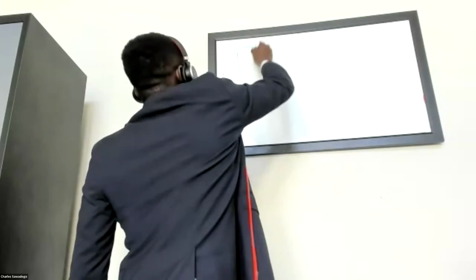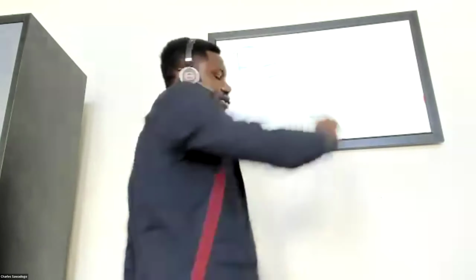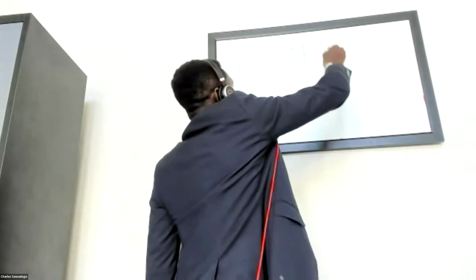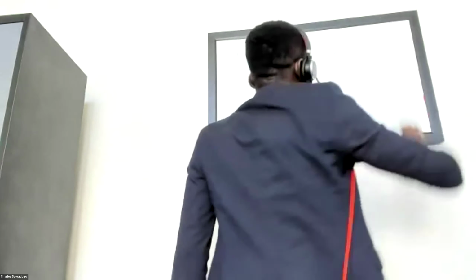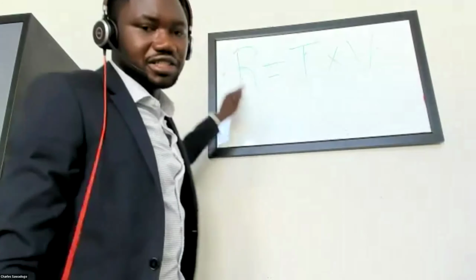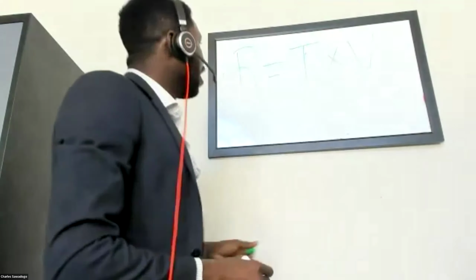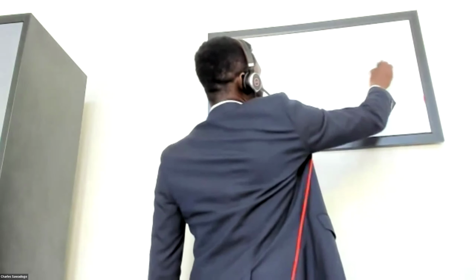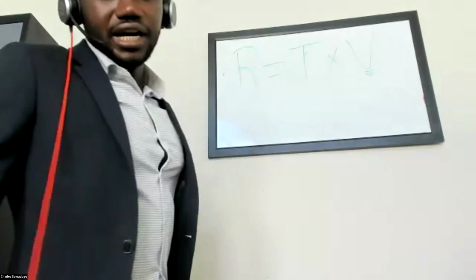Threat times vulnerability. Risk equals threat times vulnerabilities, right? R equals T times V. That's good. Now, if we could reduce our vulnerabilities, what are we reducing? Let's give an example and give them values.